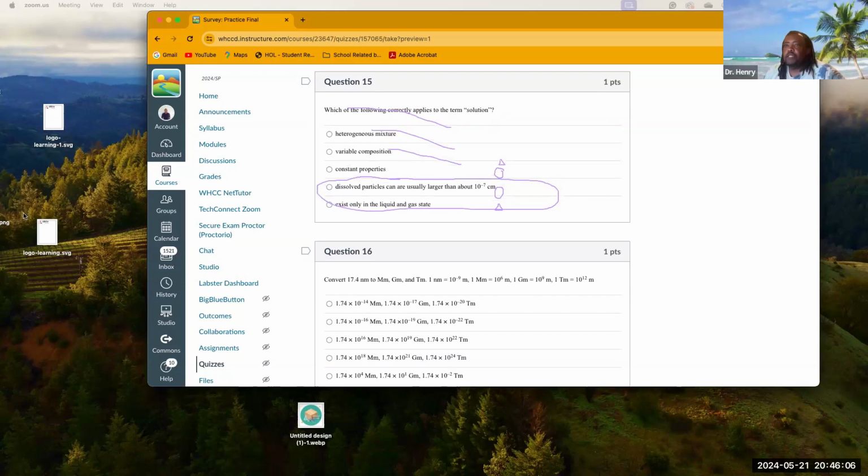Okay. Question 15. Which of the following correctly applies to the term solution? A, heterogeneous mixture. B, variable composition. C, consistent properties.